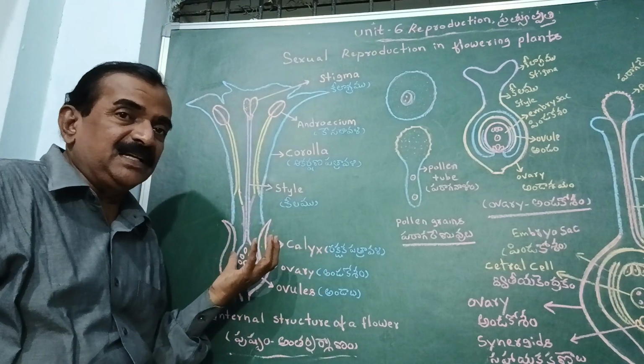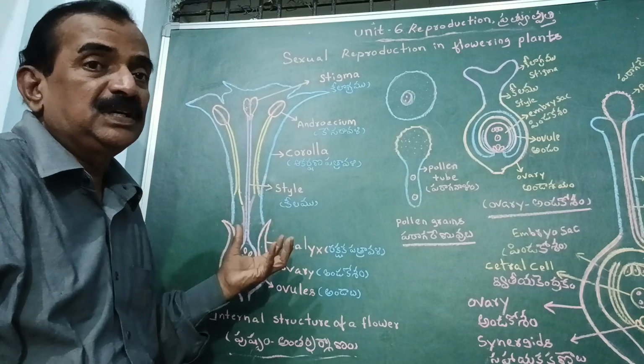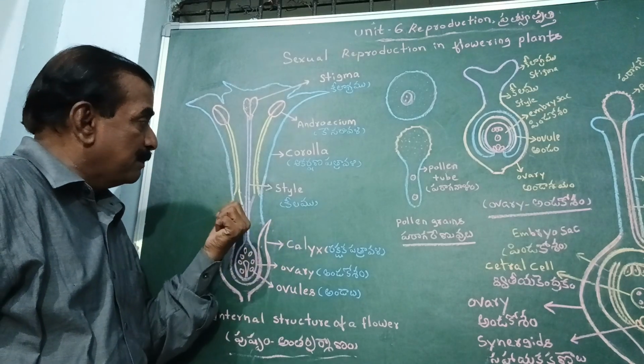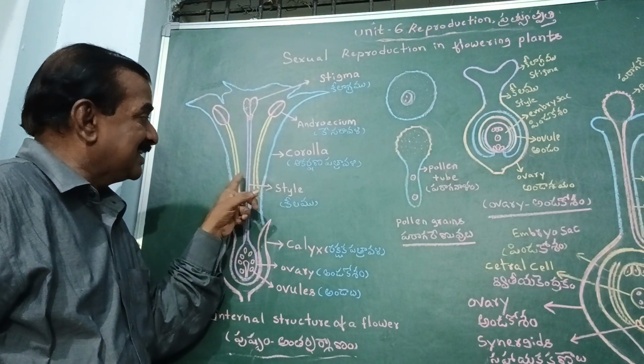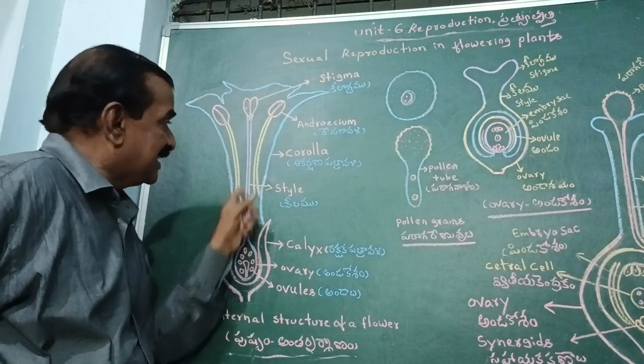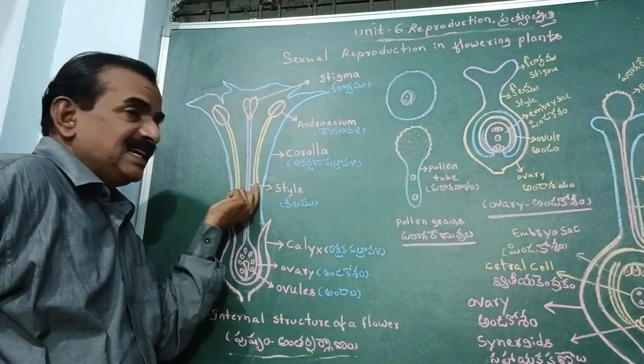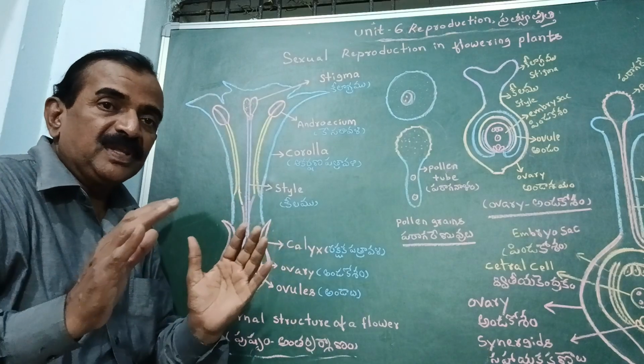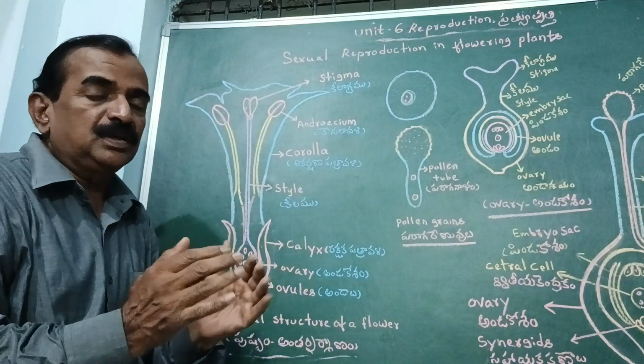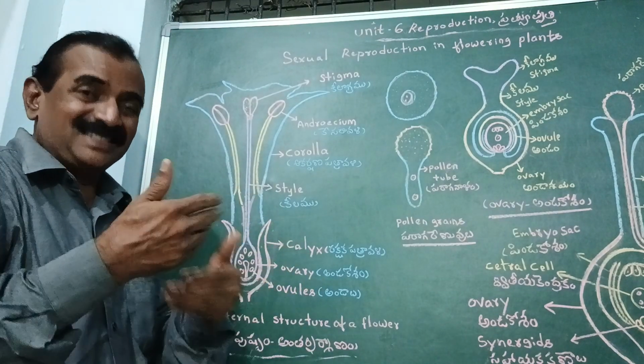This flower has both sex organs. These are called stamens, and this is called the gynoecium. This is the female part, and this is the male part. Each flower has both male and female sex organs.